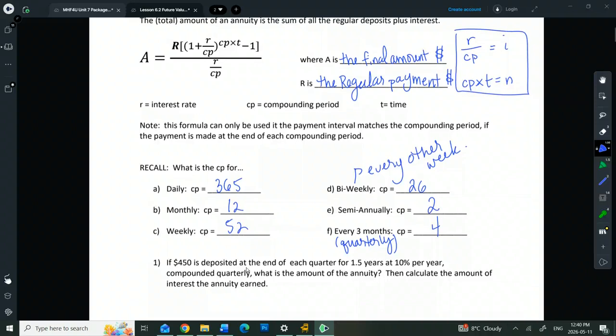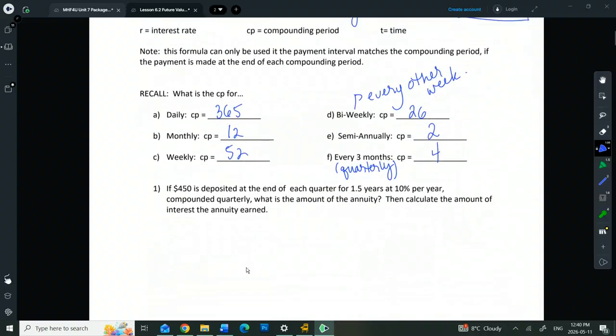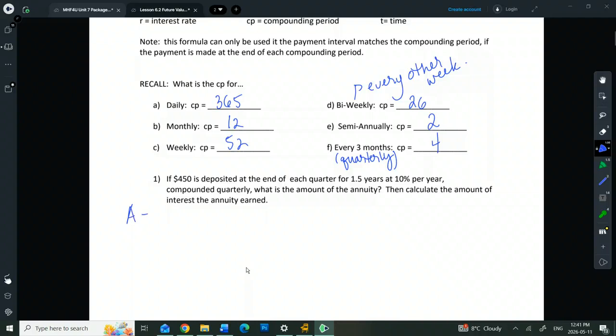Okay, so we're going to use our annuity formula, and we're just going to write out the variables right now to start. Do we know how much money we will have after that whole investing process happens? Okay, so that's our future value of our annuity. Do we know the regular amount that's being deposited?